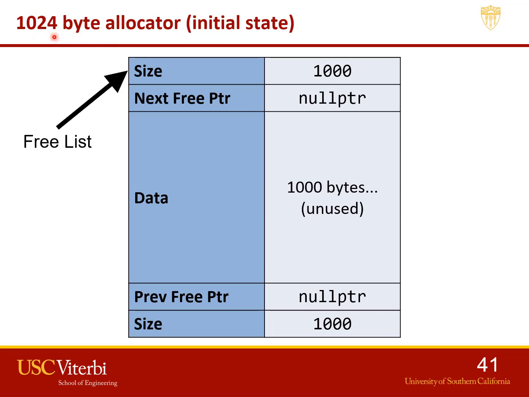There's a 1024 block, but we didn't end up with 1024 bytes available. We had to burn 24 of those bytes on our accounting. The tags at the beginning and the end are sucking up 24 bytes, leaving us only with 1000 bytes to work with. That's that wasted space. We do want to try to minimize that.